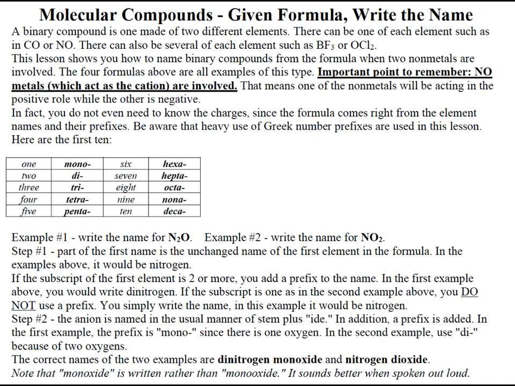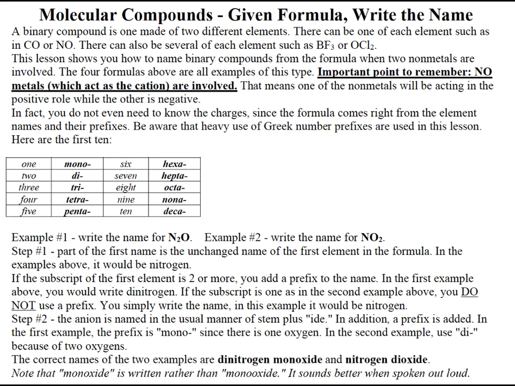So what's going to happen here is one of the nonmetals is going to be acting in the positive role and the other in the negative role, even though they're really just sharing electrons. The thing is, as I said, you don't need to know charges since the formula comes right from the element names and their prefixes. Be aware of the heavy use of the Greek number prefixes used in the lesson.